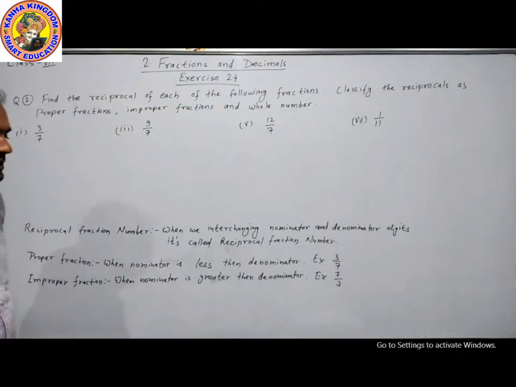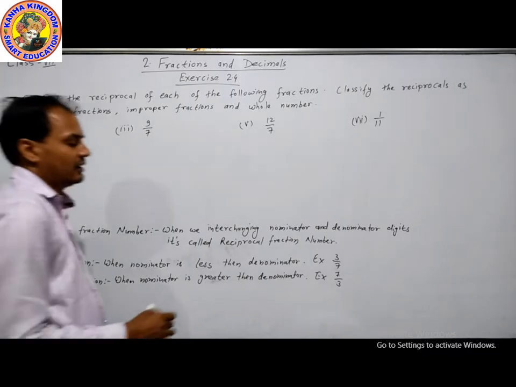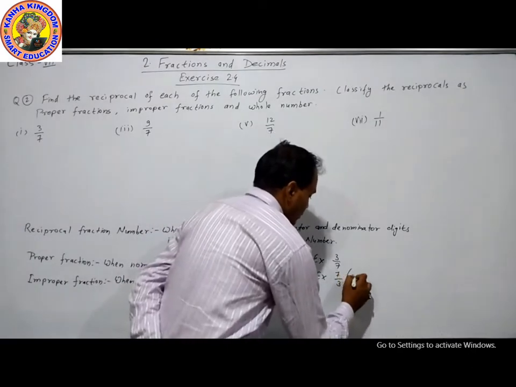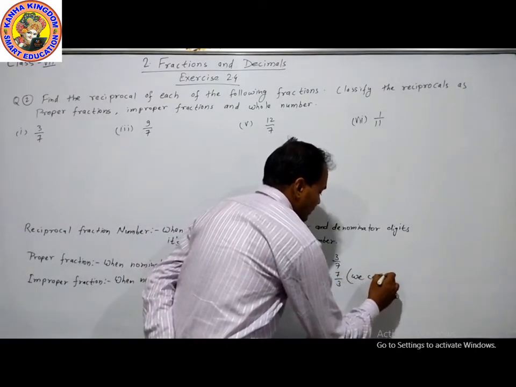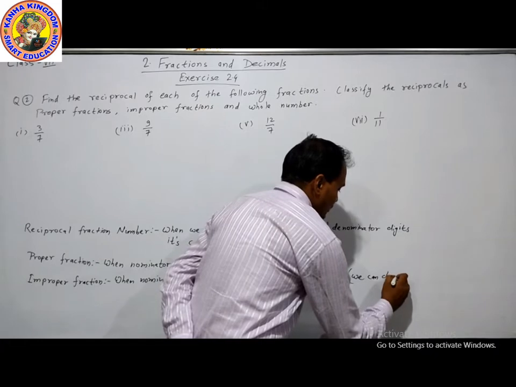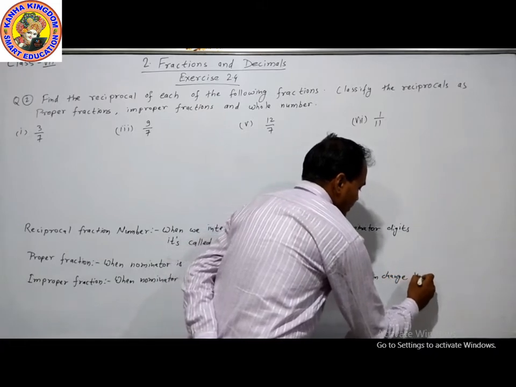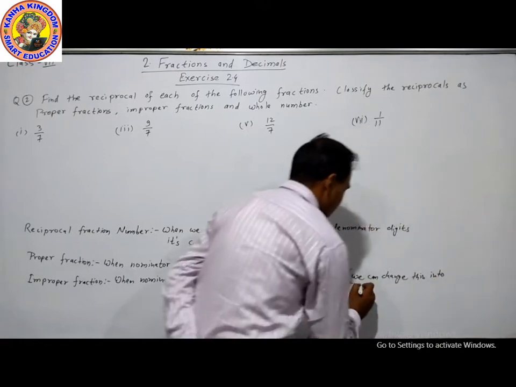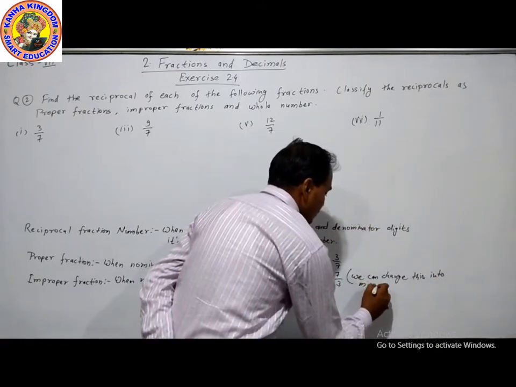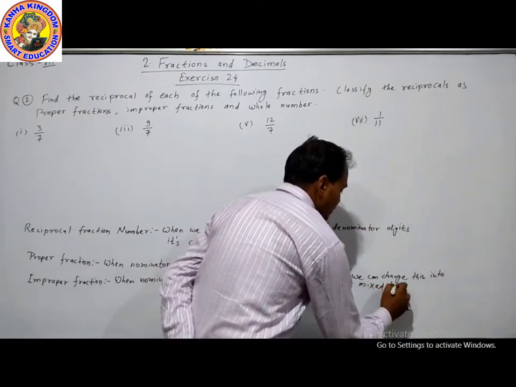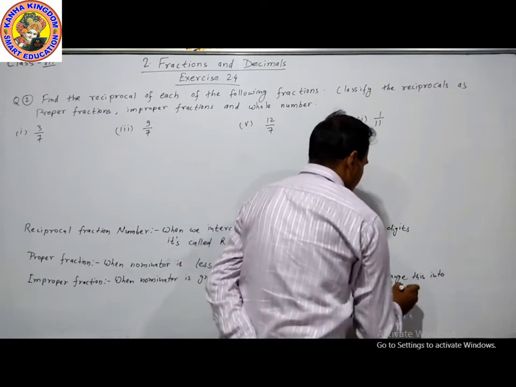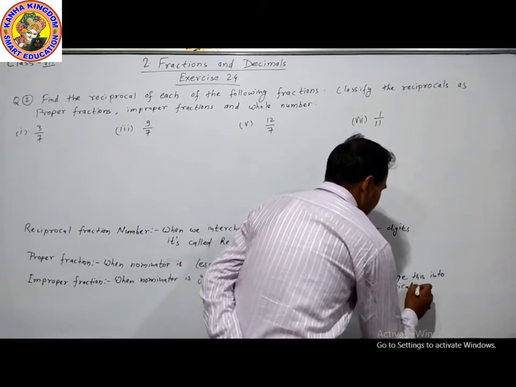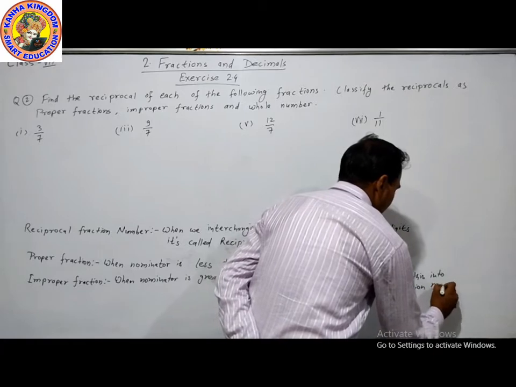For example 7 by 3, 7 is numerator, 3 is denominator, so numerator is greater than denominator. We can change this into mixed fraction number.